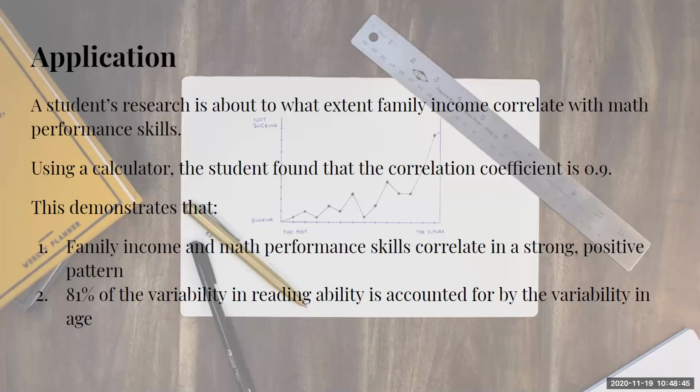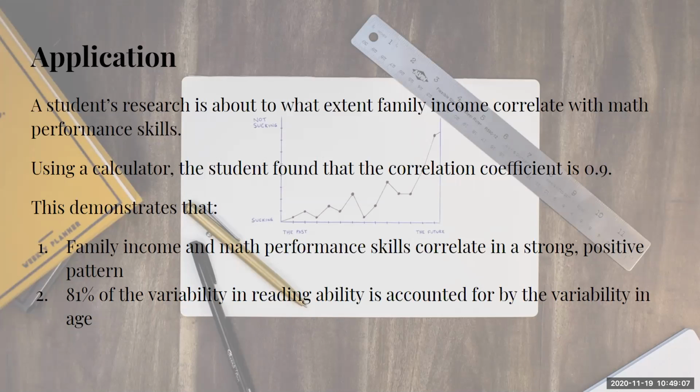And we can apply these methods to a potential research example. So for example, if a student's research is about to what extent family income correlates with math performance skills, which is similar to my research, we can use a calculator to find the correlation coefficient. And let's say we find that it is 0.9.